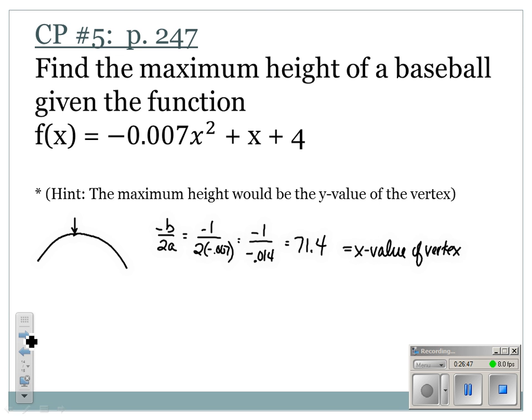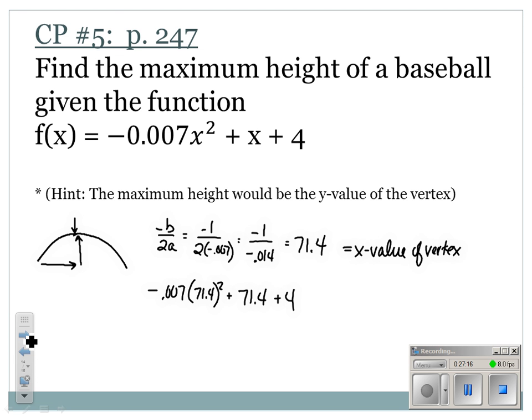The height that we're looking for, that our ball got, is the y value, because right now we have the x value. We have the across. If we're looking for the height of the ball, we need to know how far up that arc it got. So take your x value and plug it in. So negative 0.007 times 71.4 squared, plus 71.4, plus 4.